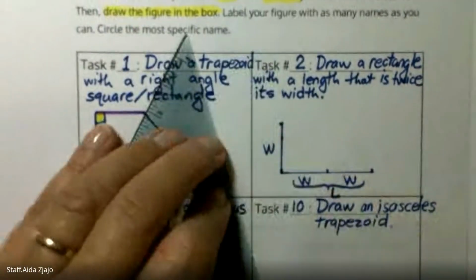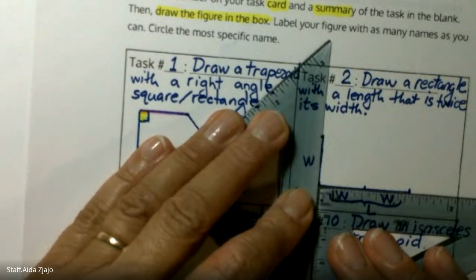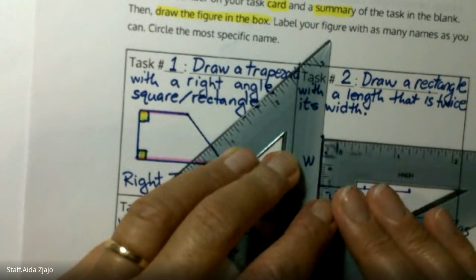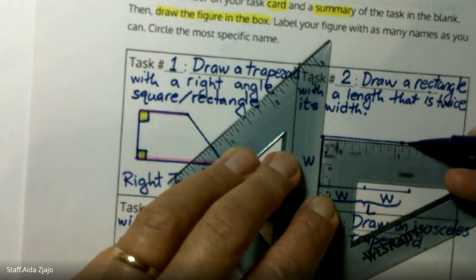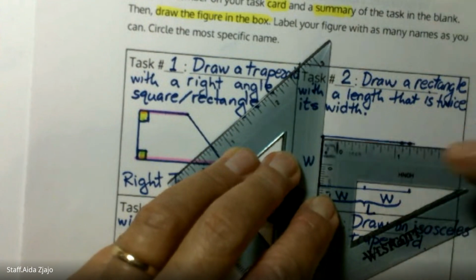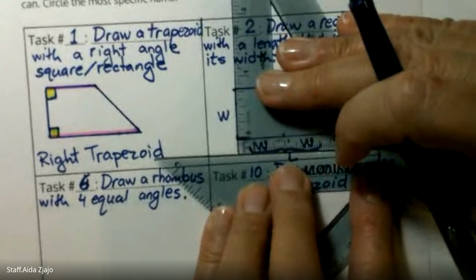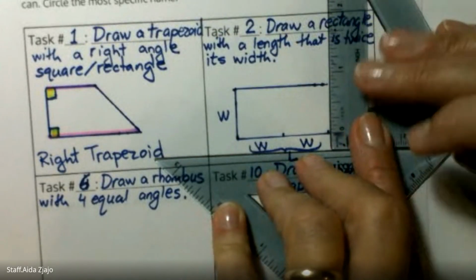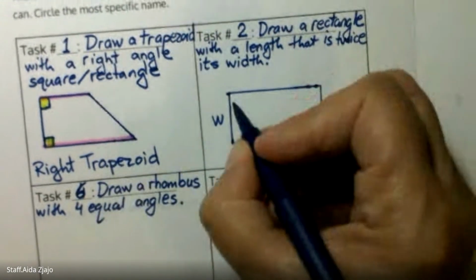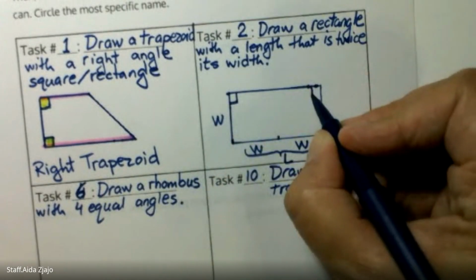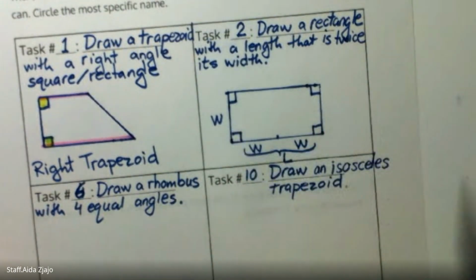Okay, so it goes to about right here. Let's see, that works. Here is the rectangle. A rectangle has right angles and opposite sides congruent.